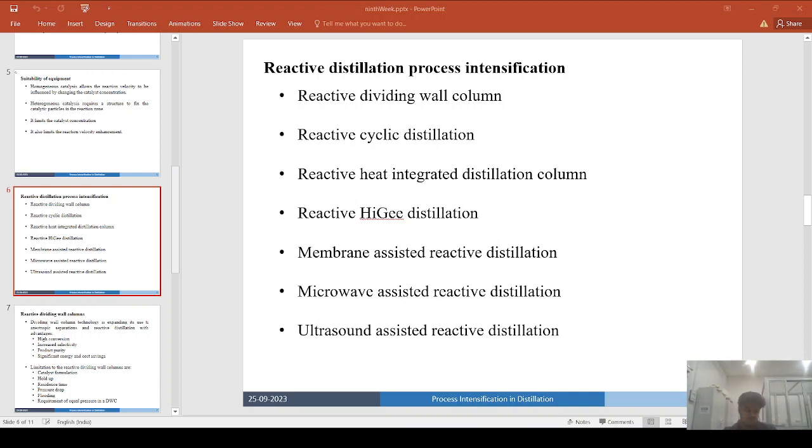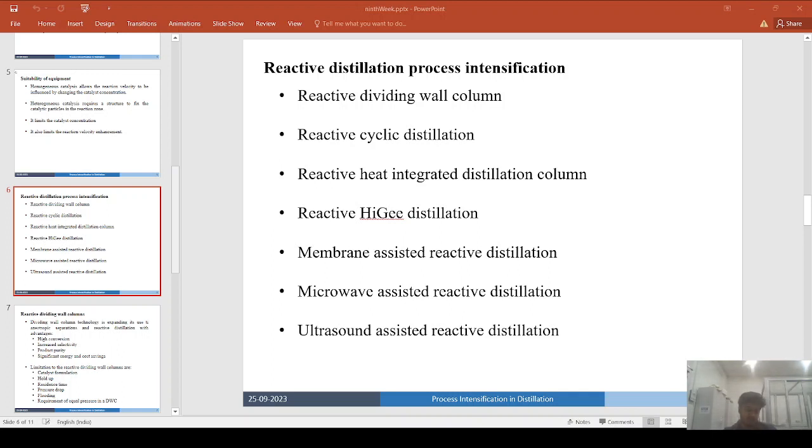Reactive distillation is a very old technology, but quite successful, and you should not stop there. People have performed further intensification on such reactive distillation setups to give birth to some novel reactive distillation setups, and we will be going through a few of them.